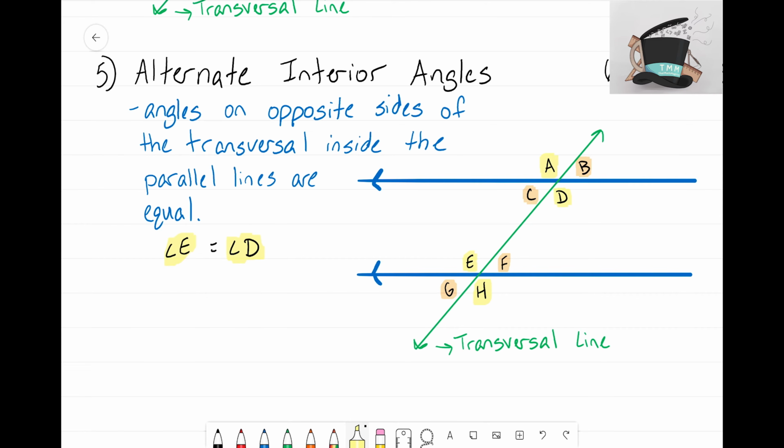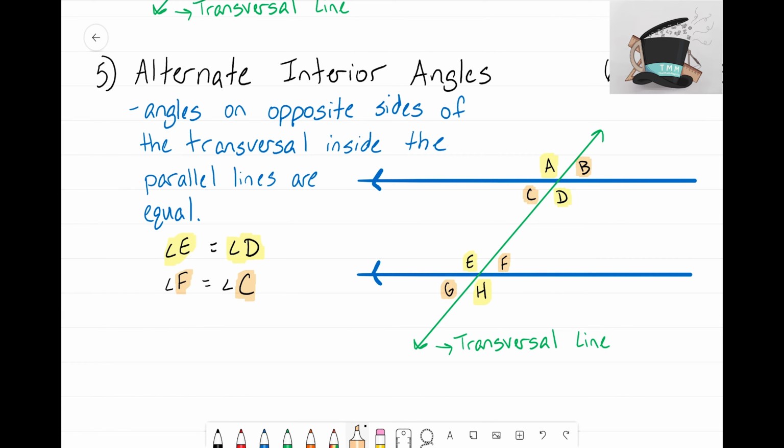They are equal. We can now say the same about angle F and angle C. Because they both live inside the parallel lines and they're on alternate sides, those angles will always be equal.